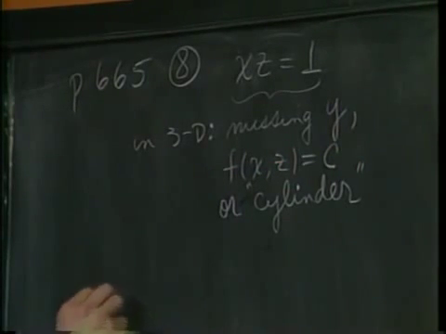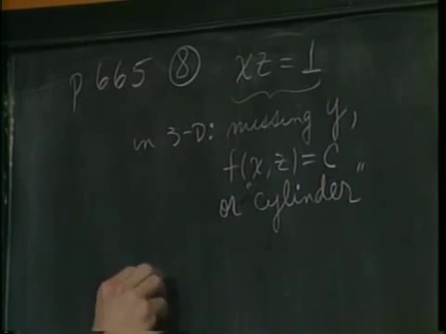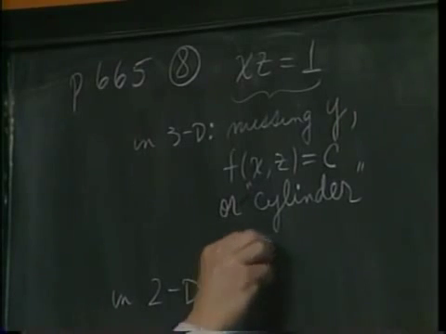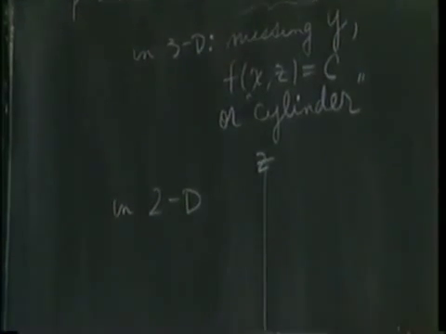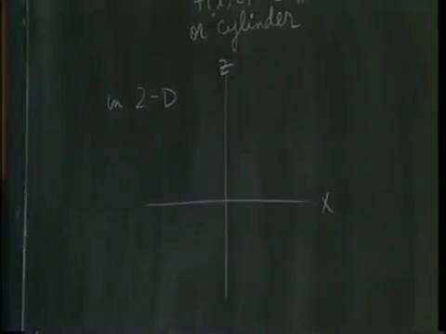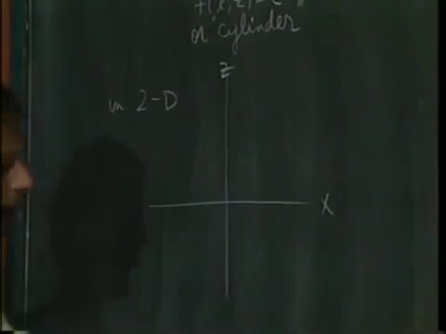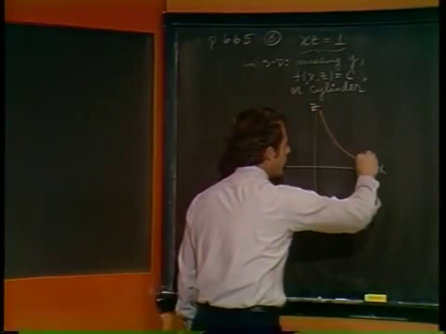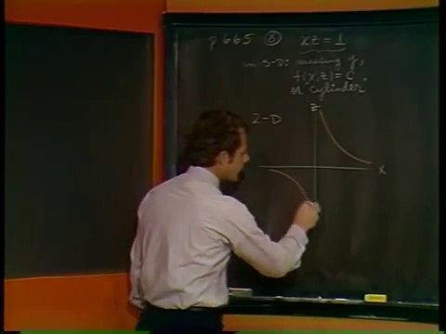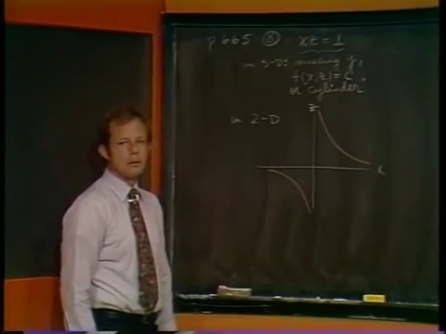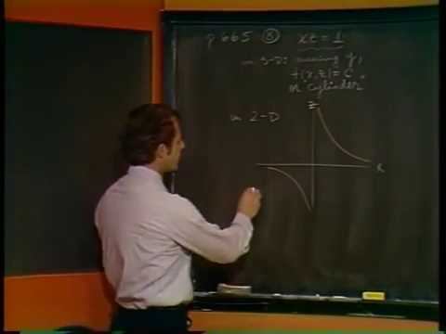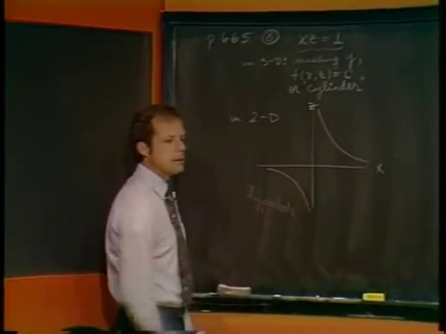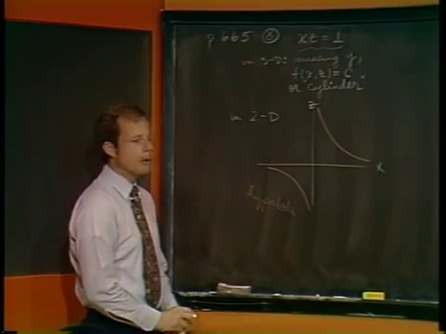Now xz equals 1 in 2D. Just in the xz plane, you should perhaps plot a few points or realize that it's z equals 1 over x, however you want to do that. And what you'll find is that in that xz plane, you get this plane curve. And as it turns out, this is actually a hyperbola that's been rotated 45 degrees.